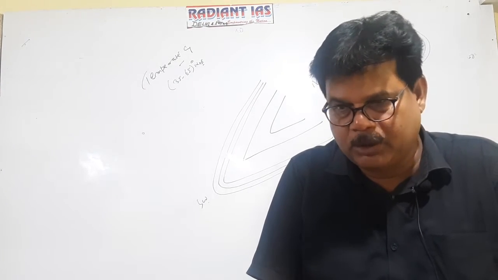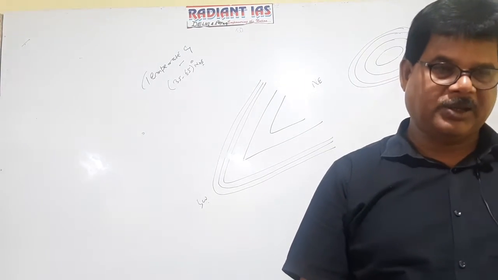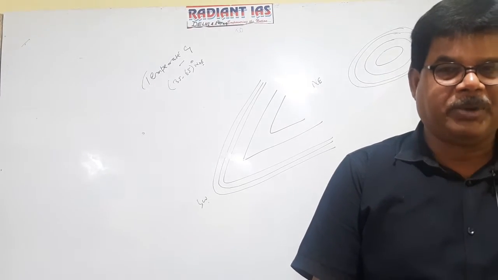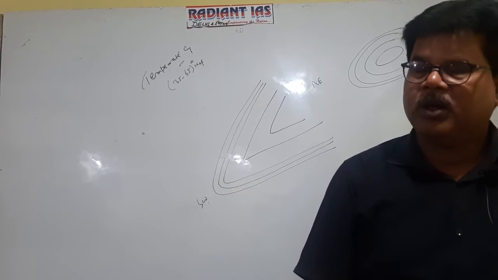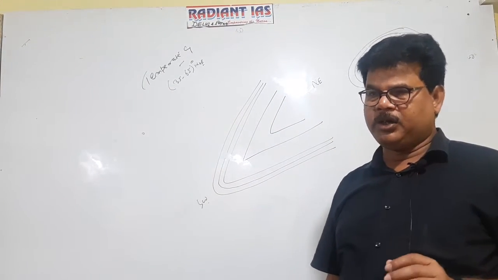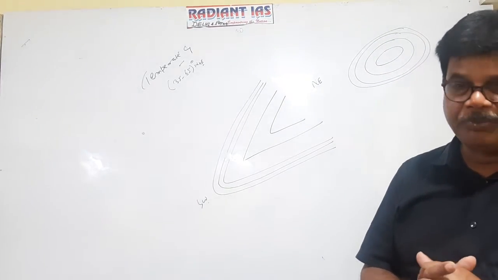First difference. Second difference is, tropical cyclone is represented through circular isobar, whereas temperate cyclone is represented through elliptical isobar. The eye of the tropical cyclone is well developed, but it is not so much developed in case of temperate cyclone.